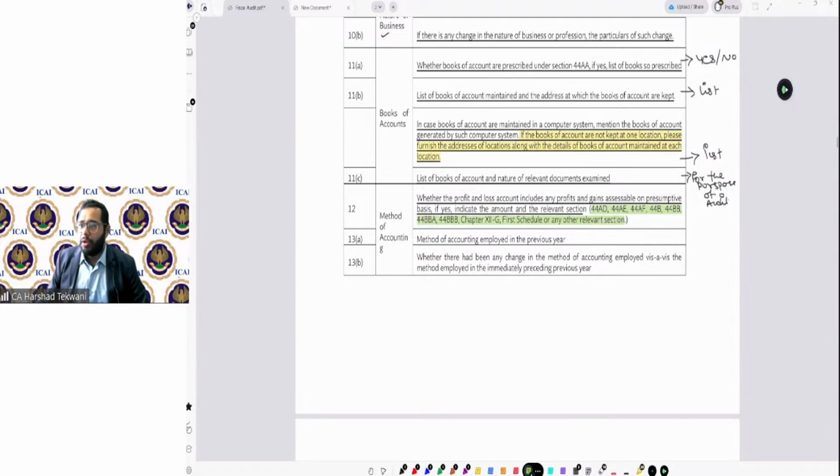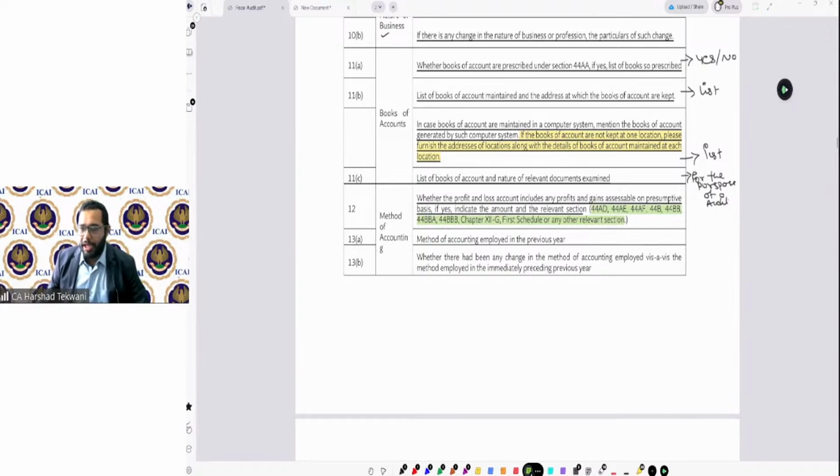And accordingly, when you file Form 3CD through the tax utility, you will encounter that you are also required to provide the detail for 44ADA. So in that case, although 44ADA is not part of the form here, it is basically also included over there, through the utility.